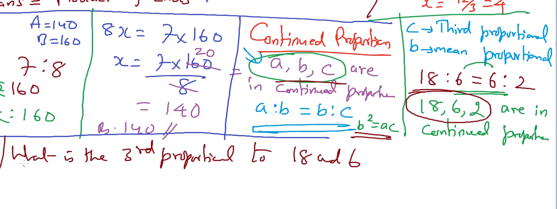We know 18, 6 and 2 are in continued proportion, isn't it? So one of the terms is not given. Third proportional means you need to find the third term. So let the third proportional be x.